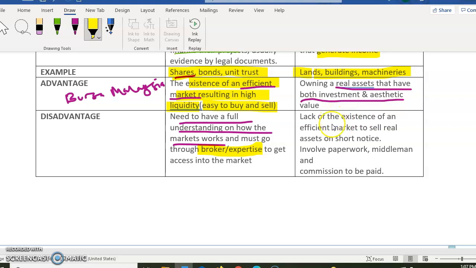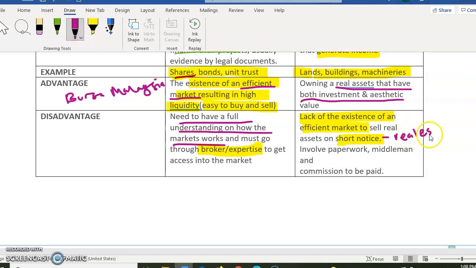And what about real asset? Real asset, however, they lack existence of efficient market compared to financial asset, and it's hard for you to sell the asset in short notice. So dia akan time consuming lah, ambil masa. Okay, normally you kena ask the help from the real estate agent kan.